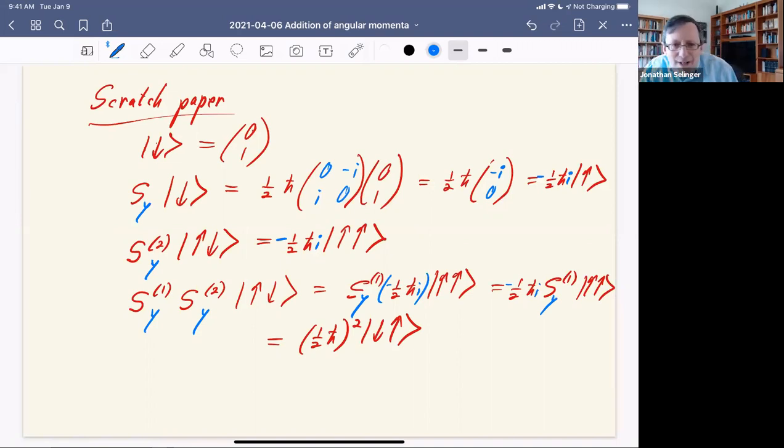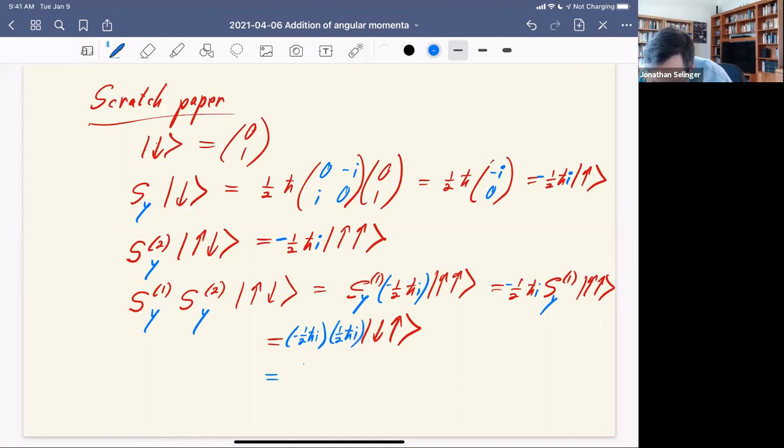Here's the one place where the signs are a little bit tricky. We already had the factor of negative a half h bar i, and now we get a factor of a half h bar i. And the negative i times the i cancel.